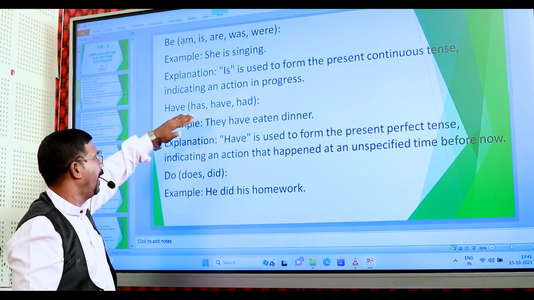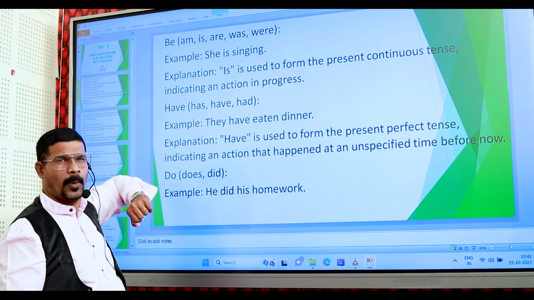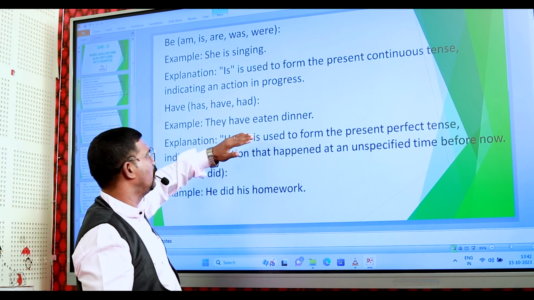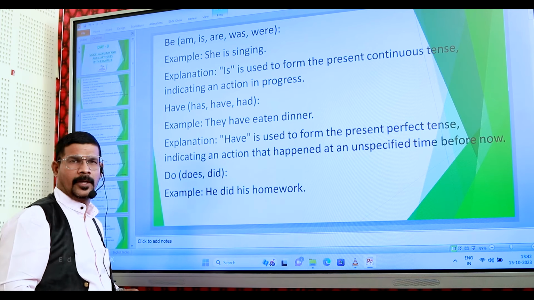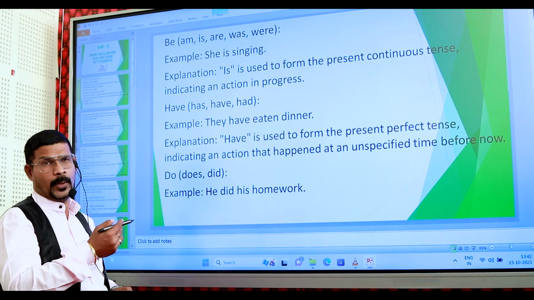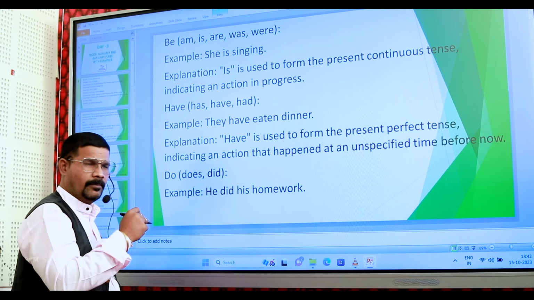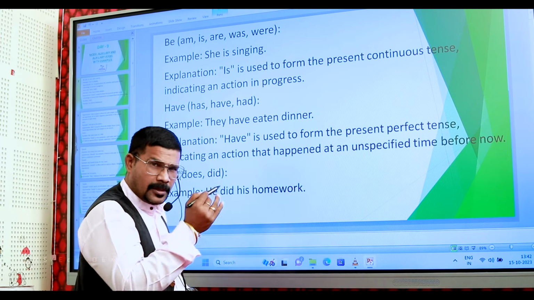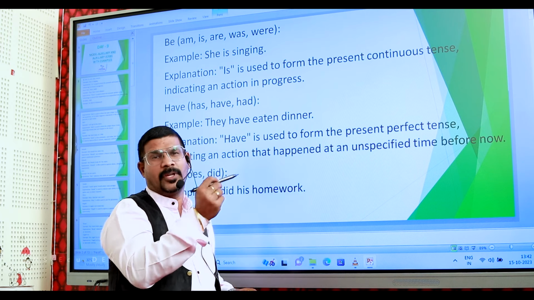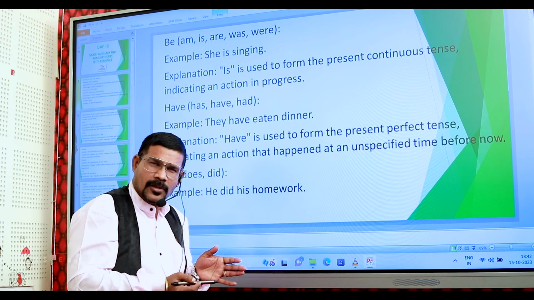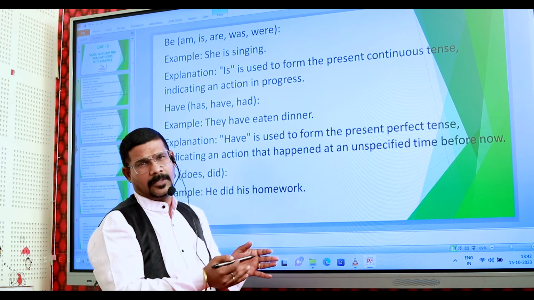Have, has, the have formation and the had formation. Example: they have eaten dinner. You learned in the previous video about the past participle of the have verb. How does it come? Subject plus have formation plus verb 3. Verb 3 is what? Past participle. Verb 1 is present. Verb 2 is past.